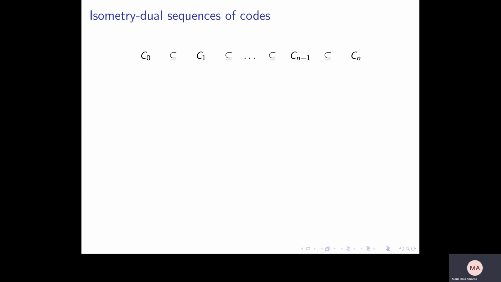Now, suppose that we have a sequence of subsequently included codes from C0 up to C sub n. By this, we mean that C0 is included in C1, C1 is included in C2, and so on.